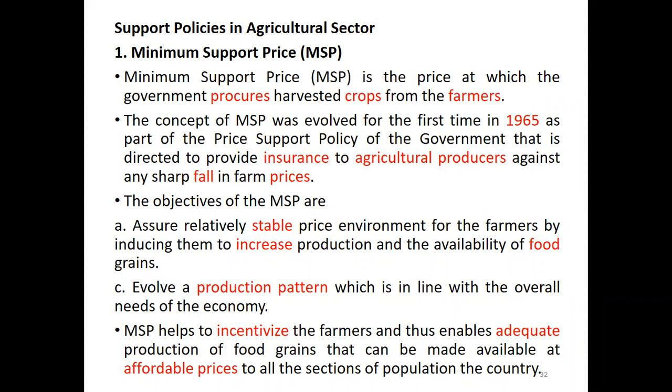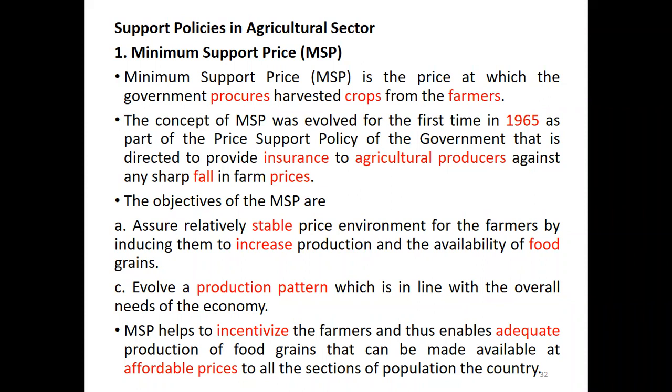So what are the objectives of this MSP, minimum support price? First is to assure a relatively stable price environment, so that if the price of the product is fixed, then farmers will be motivated to produce it. If they don't know at what price the product will be sold, they will not always suffer the loss; they will change the production pattern, and the crop pattern as well.